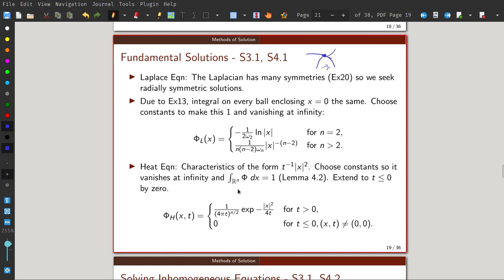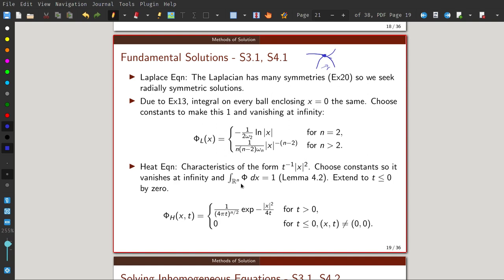In the case of the heat equation, you also choose the constant so that it vanishes at infinity. And instead of normalizing over balls, you normalize over slices of constant time. So for a fixed time, you have all the space variables, and the integral over that should be equal to 1.